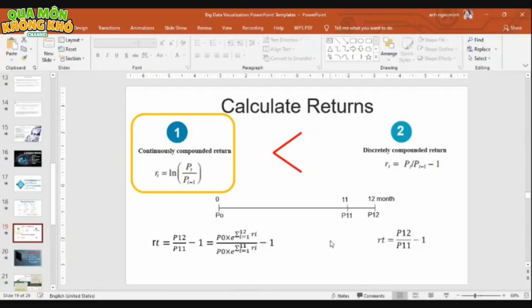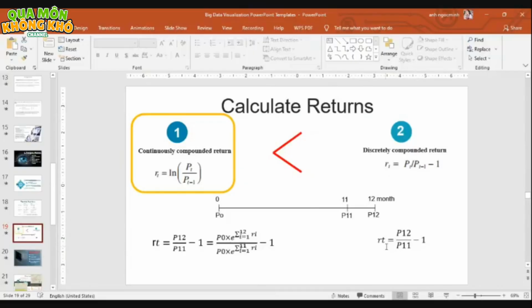So with continuous compounding, the gap between price 12 and price 11 in the first method is smaller than the gap in the discrete method.